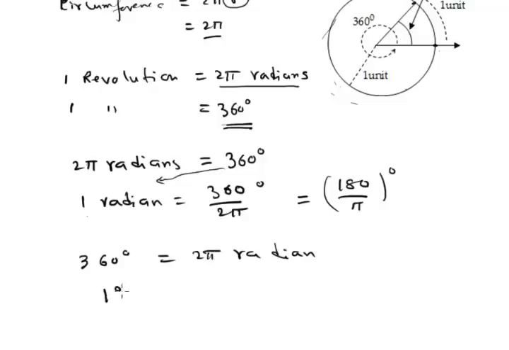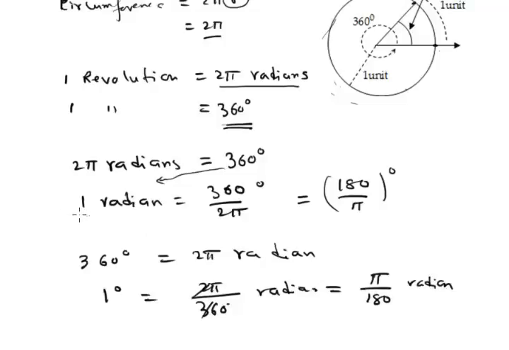So 1 degree will be 2 pi divided by 360 radians, which, if we calculate, will be pi divided by 180 radians. So we get 1 radian equals 180 divided by pi degrees, and 1 degree equals pi divided by 180 radians.